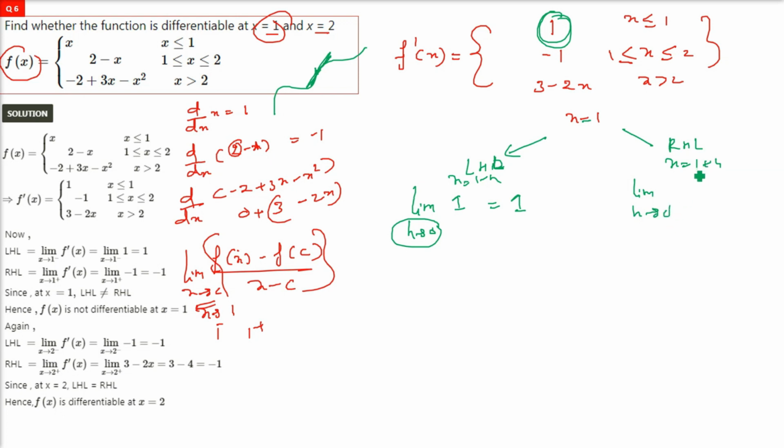Again here the value is negative 1. So whatever you apply, 1 plus h or whatever, it won't affect because it is already a constant, and 1 is not equal to minus 1 because there is no x in either of them. Left hand, right hand, there is no h. So 1 and negative 1 means the left hand limit and right hand limit of the derivative of this function at x equals 1 are not matching. It is not matching.